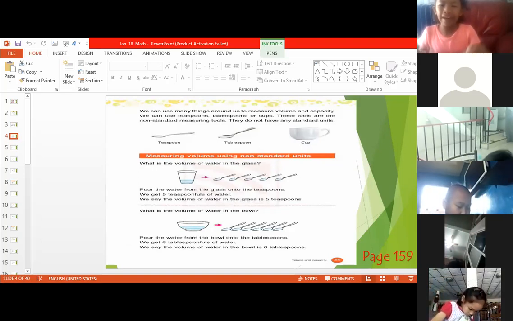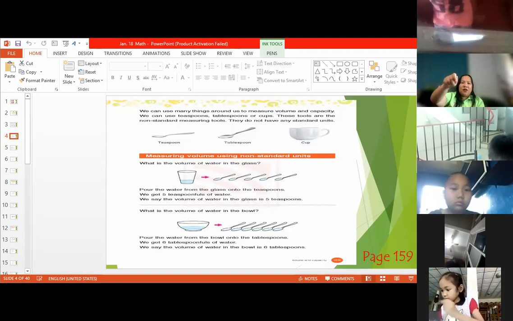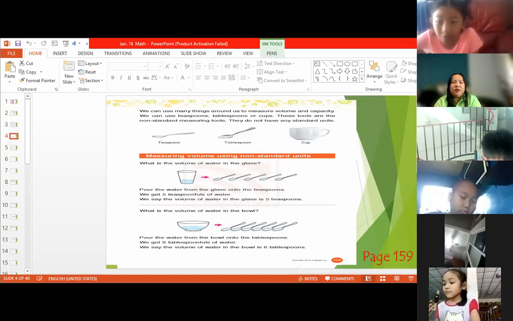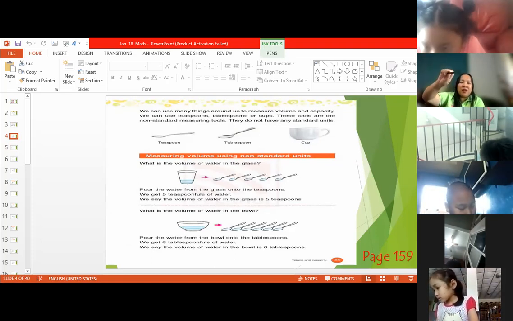You cannot see, my camera is closed, sorry. You can scoop like this. Do it like this so that you will not get wet. I am here now. Okay. You can scoop your spoon like this.